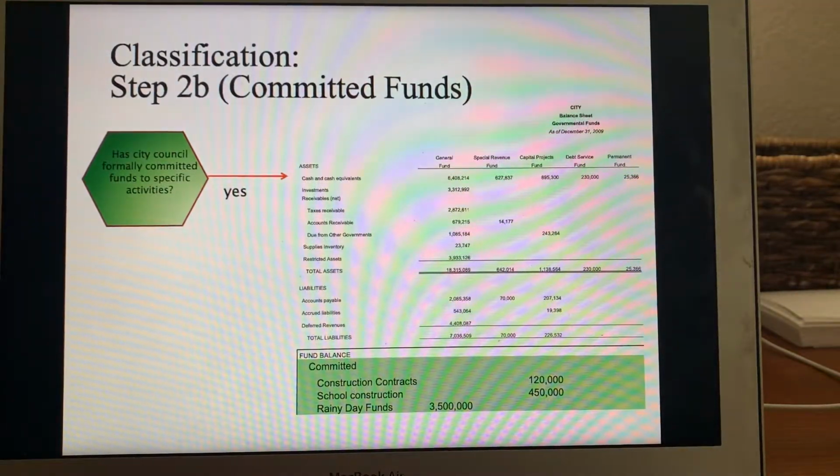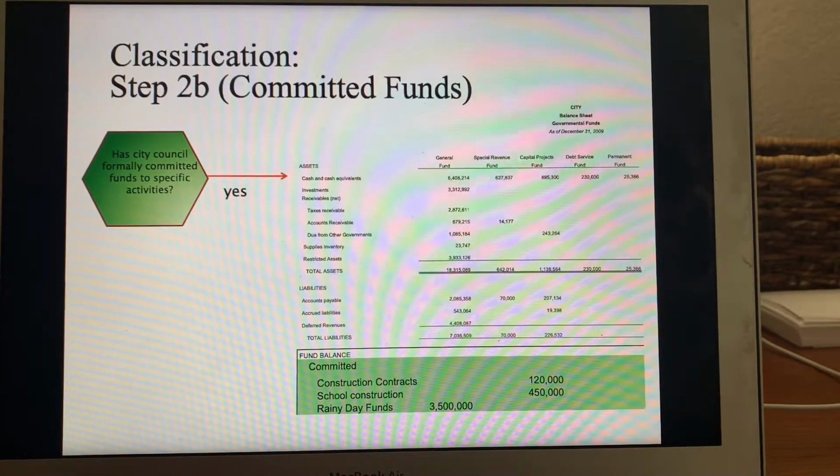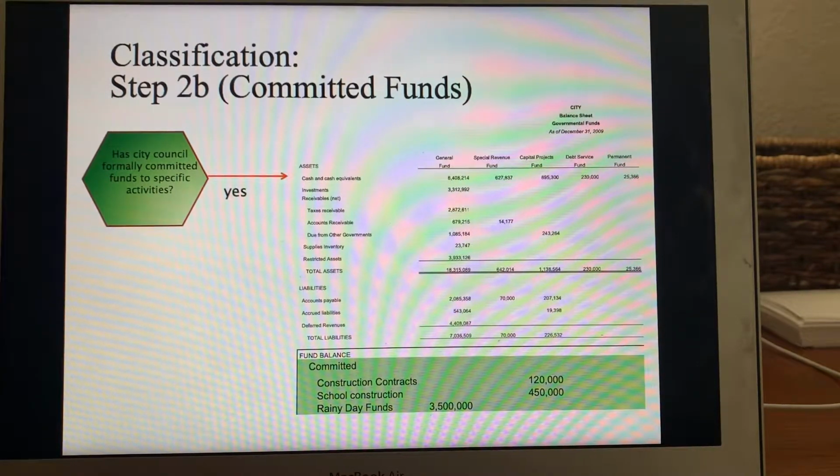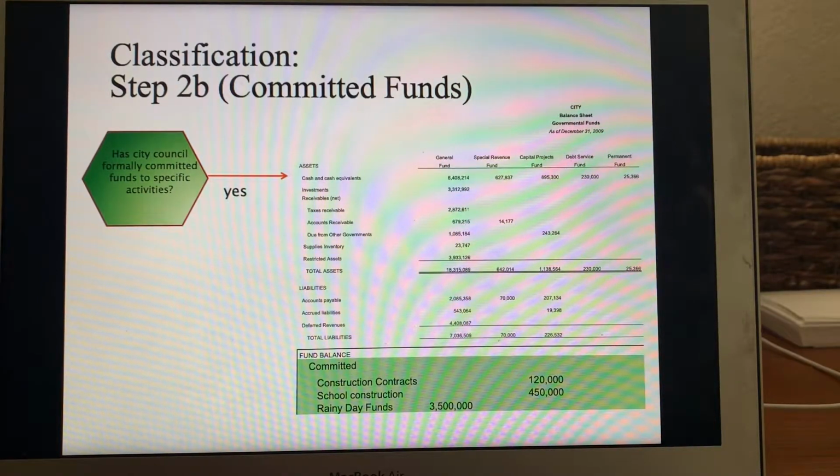So committed funds: has the city council formally committed funds to a specific activity? Then yes, and notice it says cash and cash equivalents under the assets. Committed construction contracts for 120,000, and school construction for 450,000, and rainy day funds for $3.5 million.